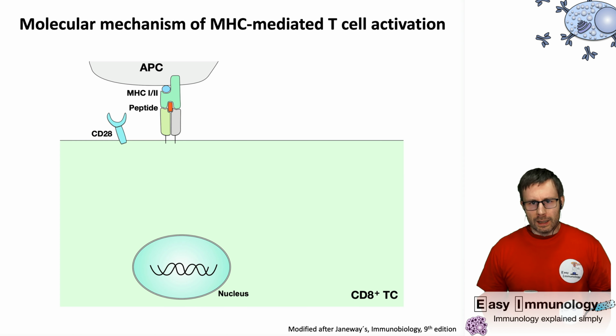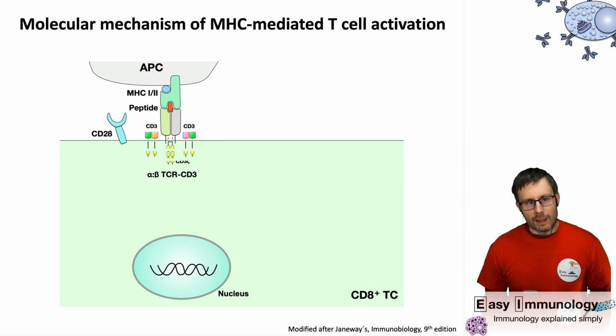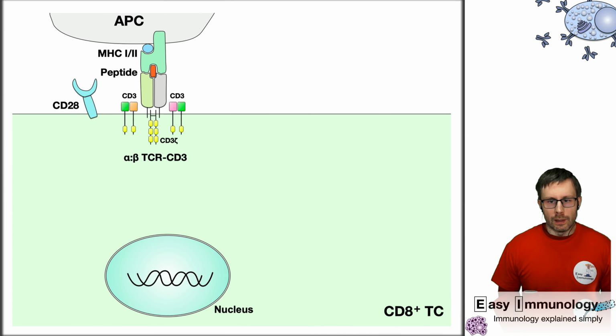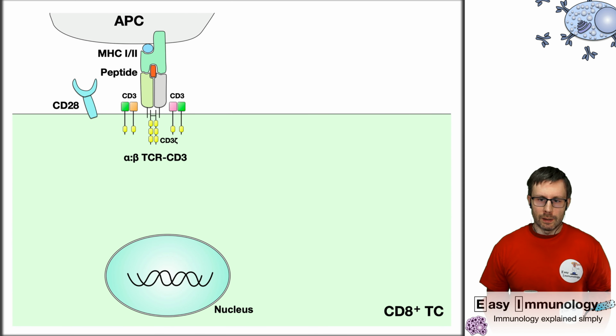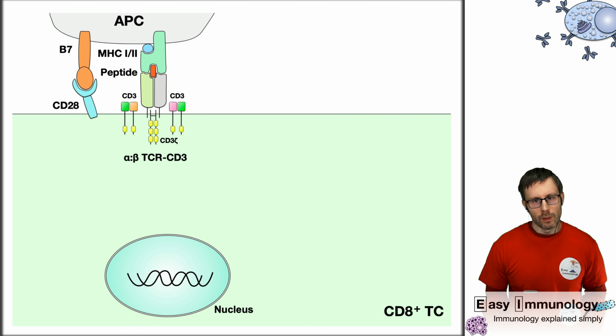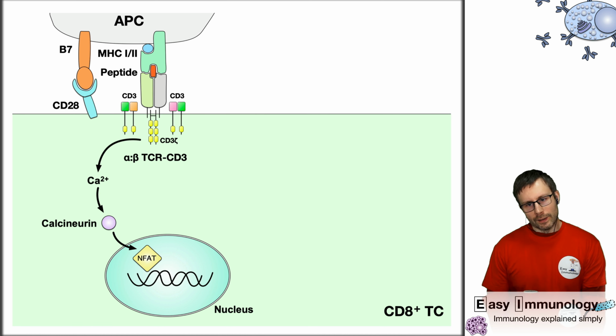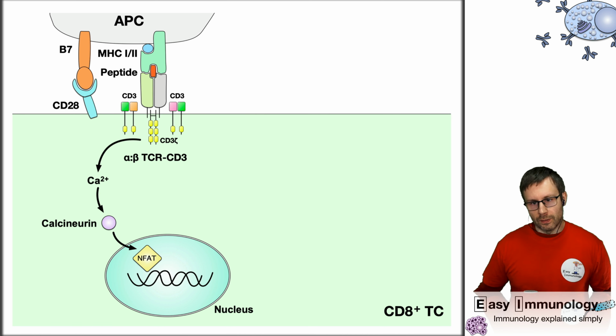So if now the T cell receptor recognizes a peptide on an MHC molecule, as I said, the T cell receptor is not an isolated molecule, but part of a complex with all these accessory proteins. And if the antigen-presenting cell also presents co-stimulatory molecules to the T cell, this results in an activation of the T cell.